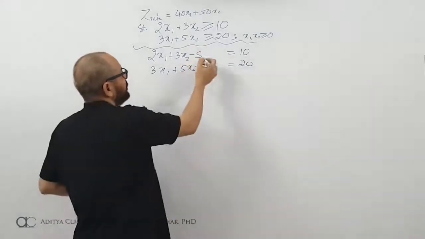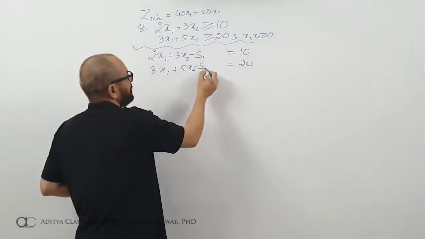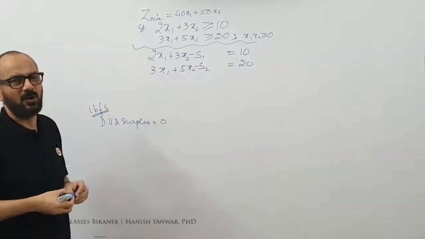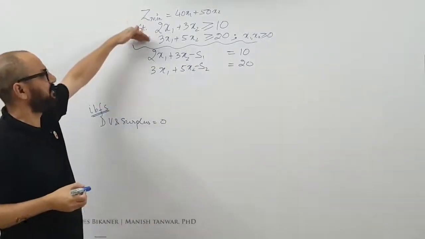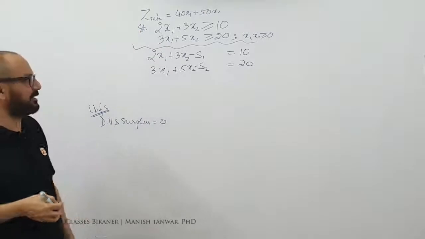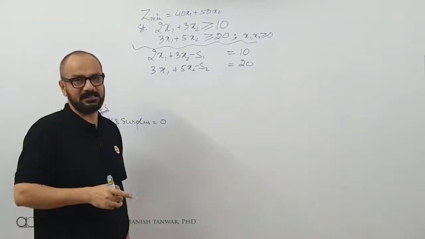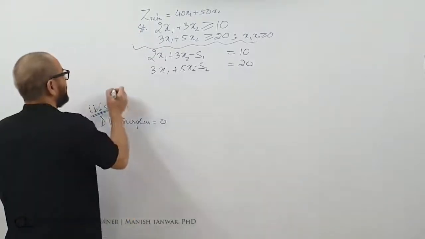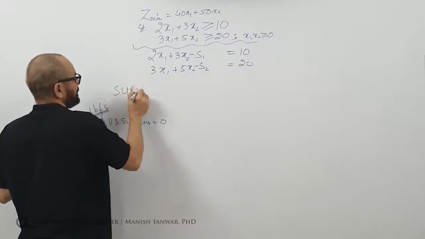Now because I have two different surplus variables, let me give them subscripts 1 and 2, 1 indicating that it is coming from the first constraint, 2 indicating that it is coming from the second constraint. They look like S, but this time they are not slack, rather they are surplus.